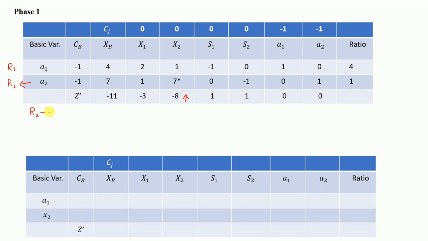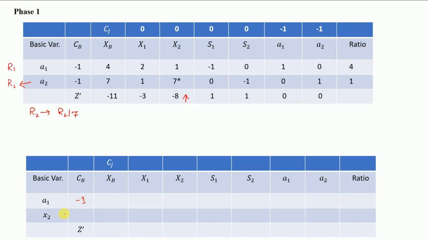Look at this, R2 is 7. How can you make it 1? Divide it by 7. So this is R2 divided by 7. Now look at this. In the next table, the basic variables are: this is A1, and A2 is replaced by x2. So here I have written x2. Now what are the coefficients? For A1, this will remain -1.